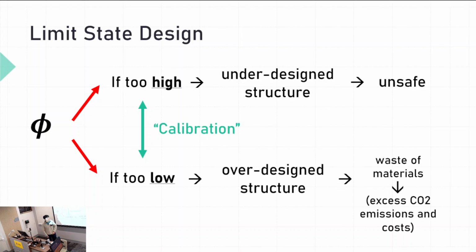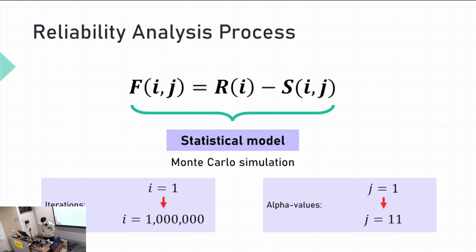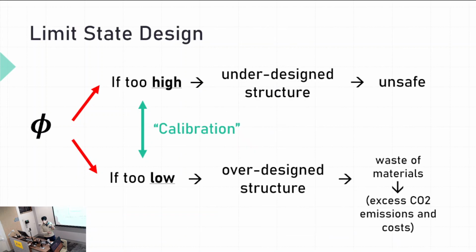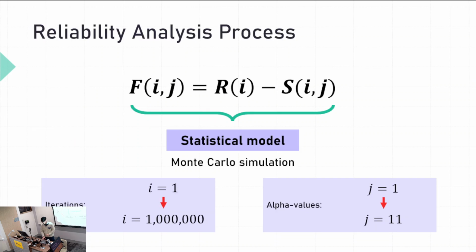And if this number's too low, we're over-designing the structure and wasting materials, which leads to unnecessary costs and CO2 emissions. So basically we want to find the sweet spot for this value.